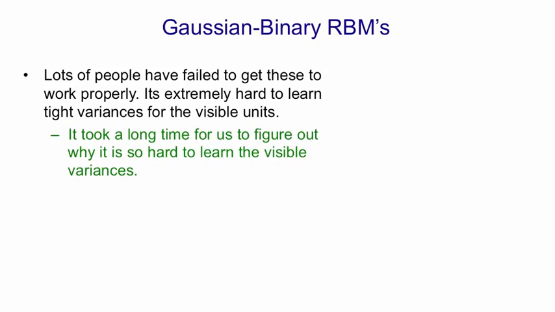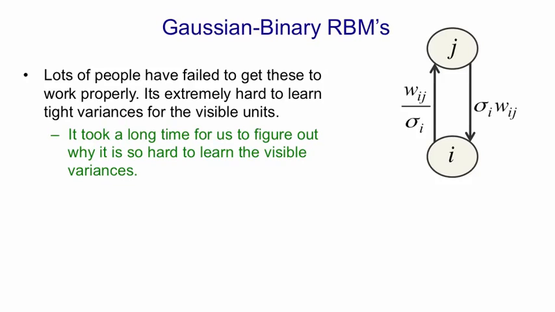This picture helps. If you consider the effect that visible unit i has on hidden unit j, when visible unit i has a small standard deviation sigma_i, that has the effect of exaggerating the bottom-up weights. That's because we need to measure the activity of i in units of its standard deviation. So when the standard deviation is small, we need to multiply the weight by a lot. If you look at the top-down effect of j on i, that's multiplied by sigma_i.